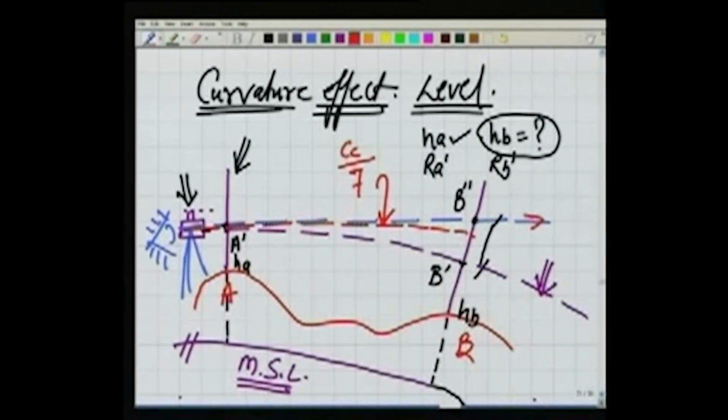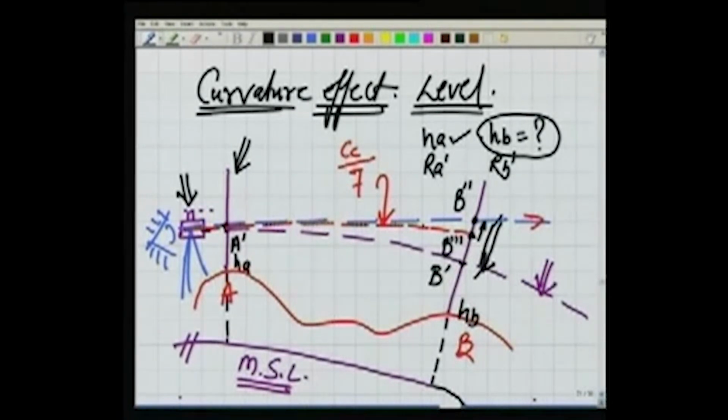If we apply the same logic, what exactly are we looking at? In my instrument, we are looking at a point in my staff which is B triple dash, a point here. So what will be the correction now? I would like to apply the corrections. Number one, first take this point up where my horizontal line should have bisected, then this point down to B dash where my level surface should have bisected.